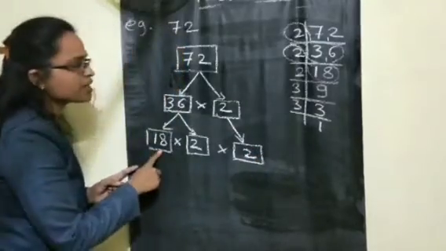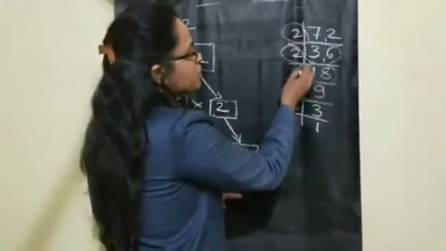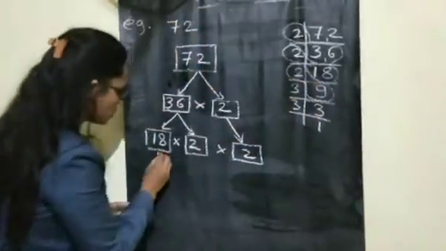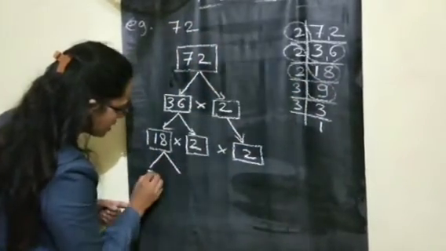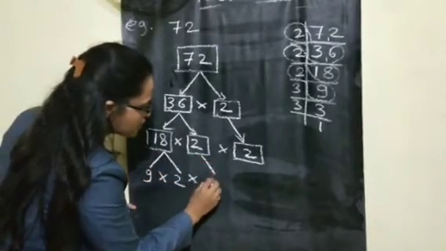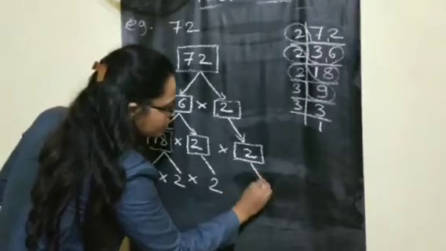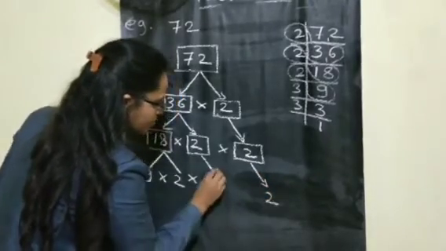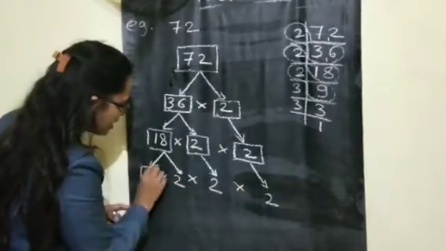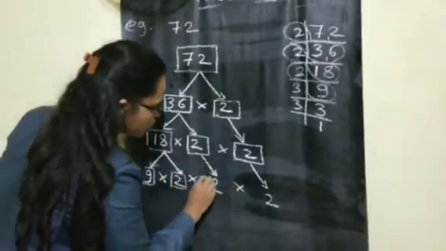Now 18, how can we split? 9 multiplied by 2, children. So again you can split here 9 multiplied by 2 and continue with this number. Show it with the proper arrow. Write here the multiplication sign and write properly in the boxes.